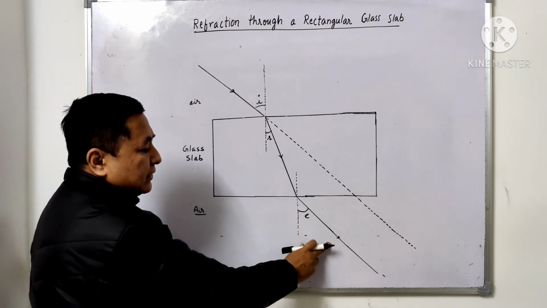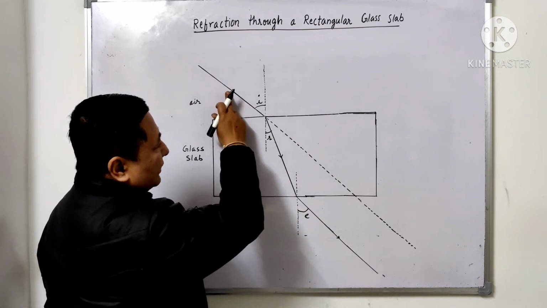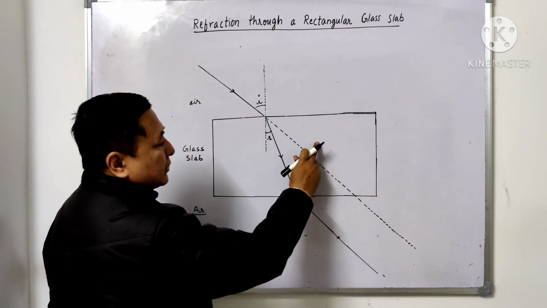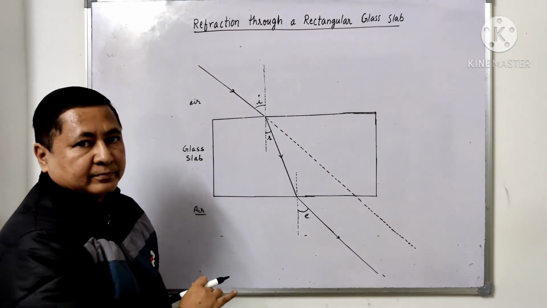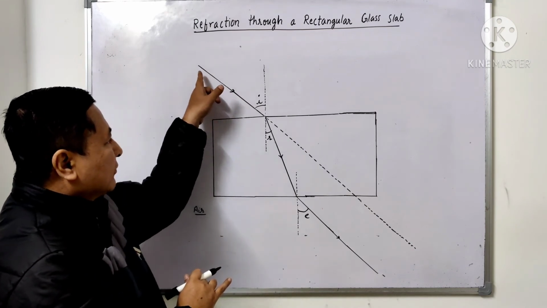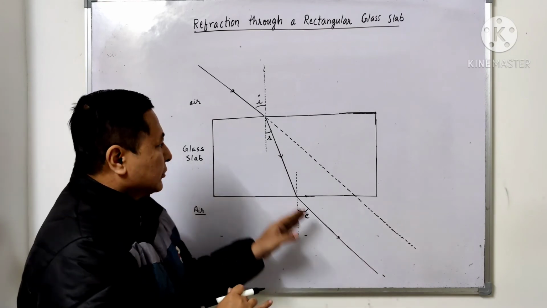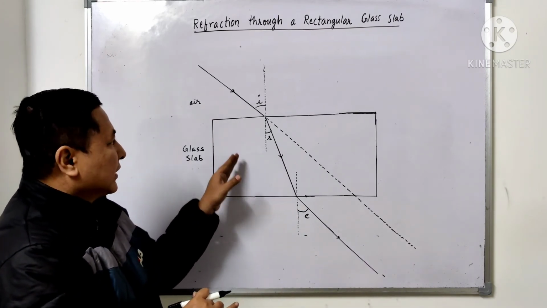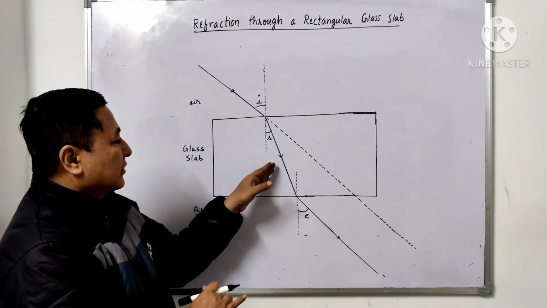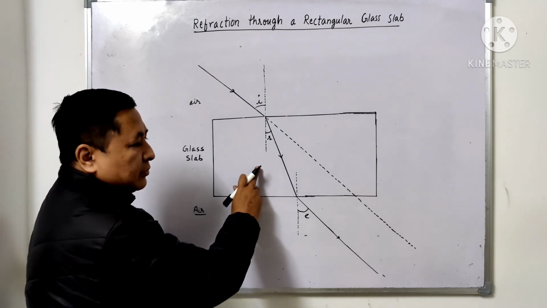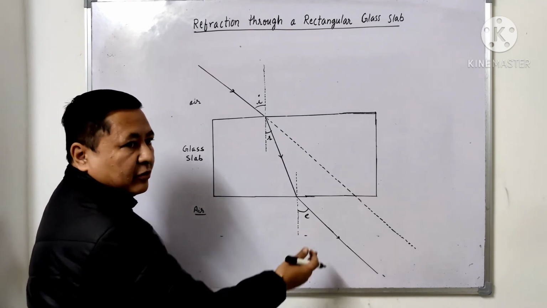The emergent ray will be parallel to the ray of light which is entering. If there is no glass slab, the incident ray will go straight without any bending, but due to this glass slab the incident ray is refracted towards the normal, and when it goes from glass to air it is refracted away from the normal.